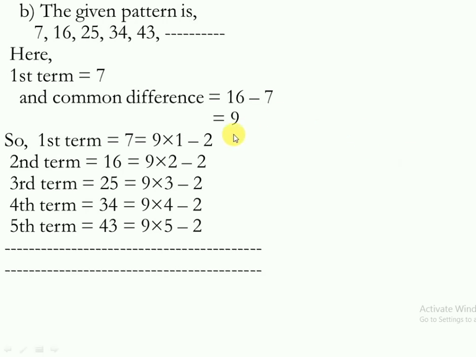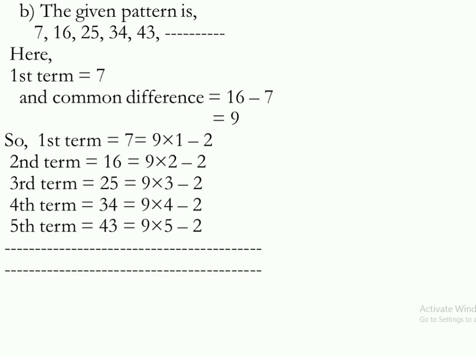Here in the first term, we multiply 9 with 1. In the second term 9 is multiplied with 2, in the third term 9 multiplied with 3, and in the fourth term 9 multiplied with 4. So each time the term number is multiplied with 9, then 2 is subtracted from that number, and we get the number of the pattern.